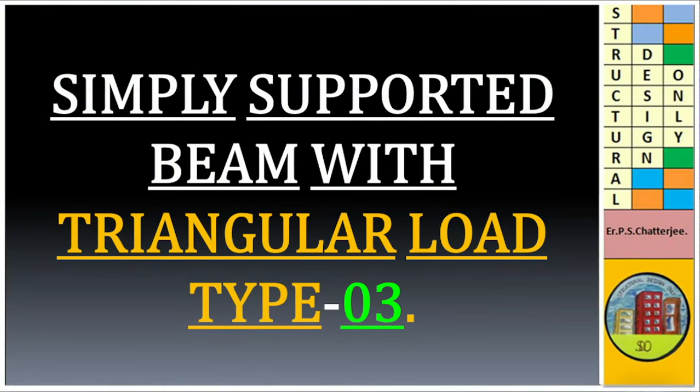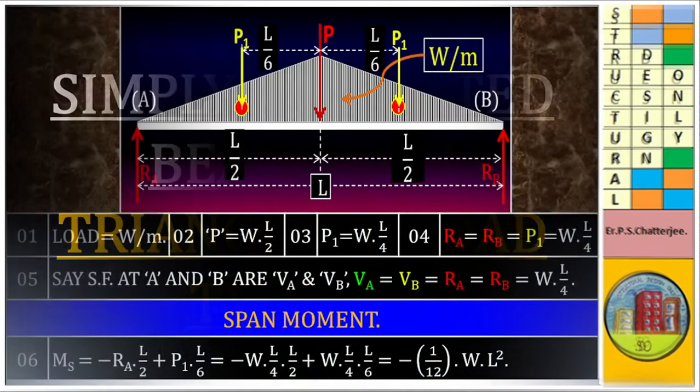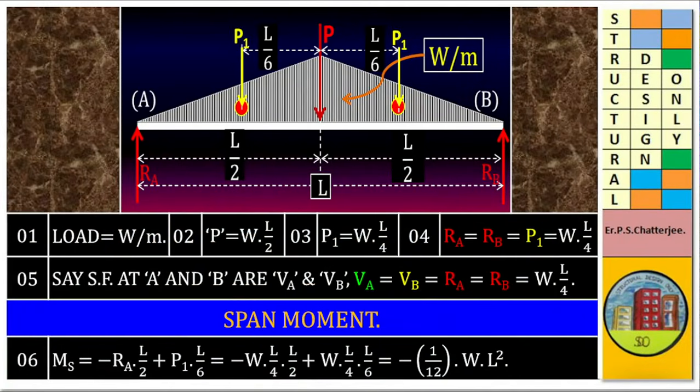Simply supported beam with triangular load type 3. Load is equal to W per meter at the center, and at the support it is 0 per meter. Now the total load P is equal to W into L by 2.